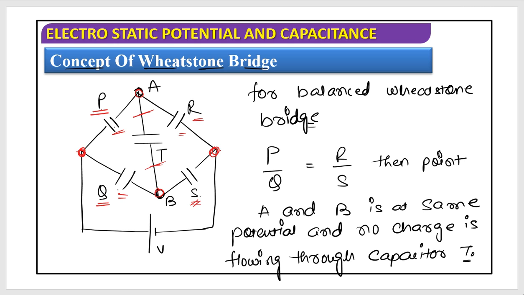These two diagonals are different. They cannot be the same. If they are the same, this is not a Wheatstone bridge. I hope these things are clear to you. Did you get me? What I mean to say is that the fifth capacitor and the battery connection should be on opposite diagonals. If they are on the same diagonal, it is not a Wheatstone bridge, it is simply a parallel network.